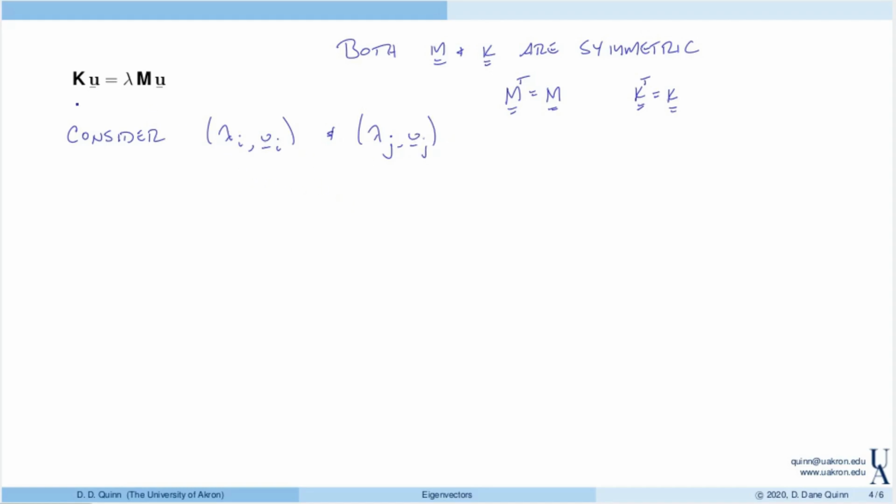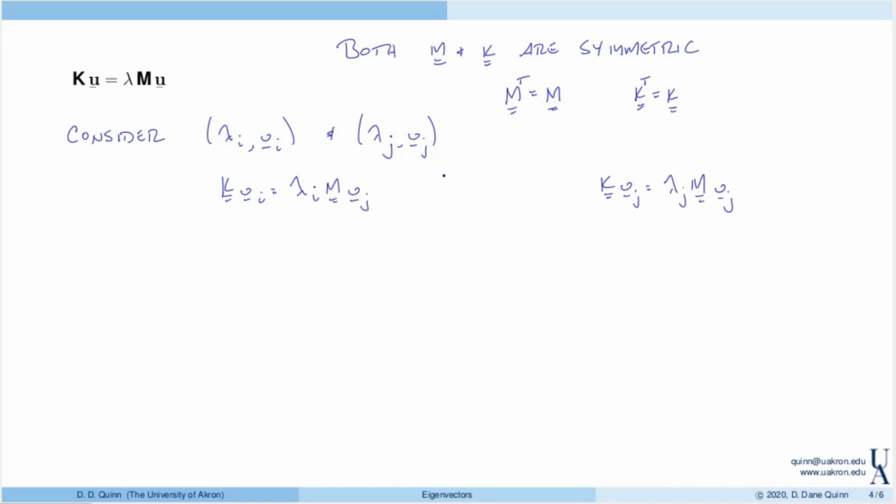Looking at this eigenvalue problem, we have K times ui is lambda i times M times ui, and K times uj is lambda j M uj.